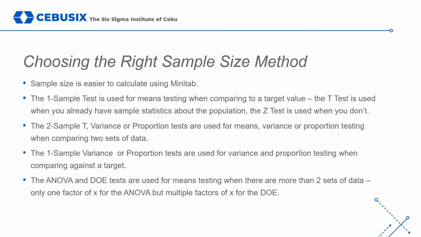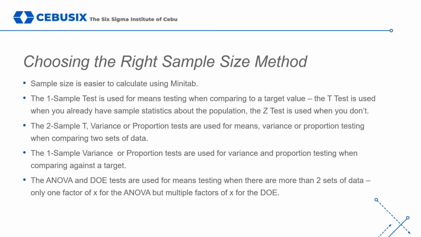The one-sample proportion test sample size calculation is for proportion testing, the rate of x per y, and is used for comparing the rate of one data set to the target. The two-sample proportion test sample size calculation is for proportion testing, the rate of x per y, and is used for comparing two sets of data.